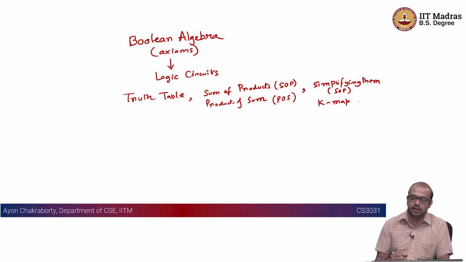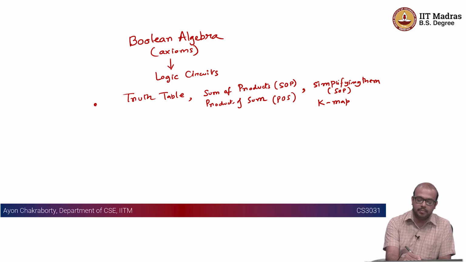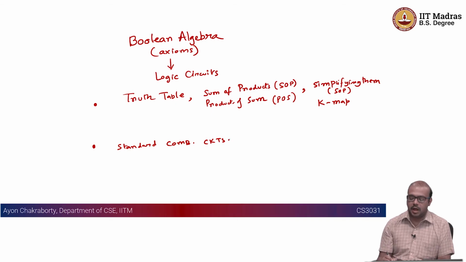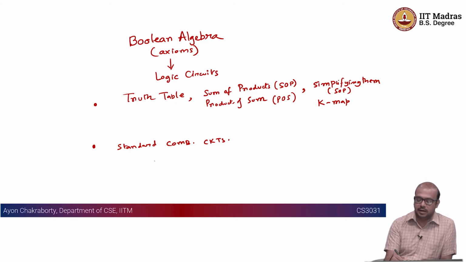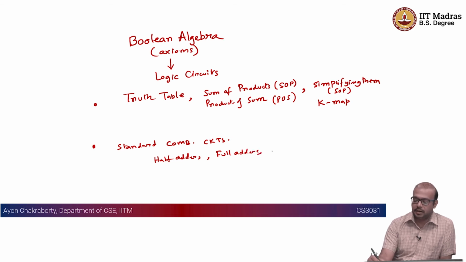And after that we looked at a few standard combinational circuits, things like half adders. Then we looked into full adders. Then we looked into multiplexers and decoders, which are very important tools for any digital logic design.